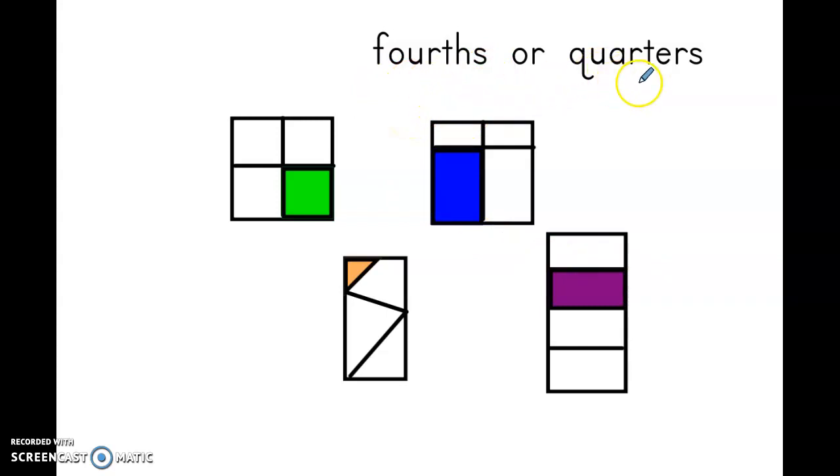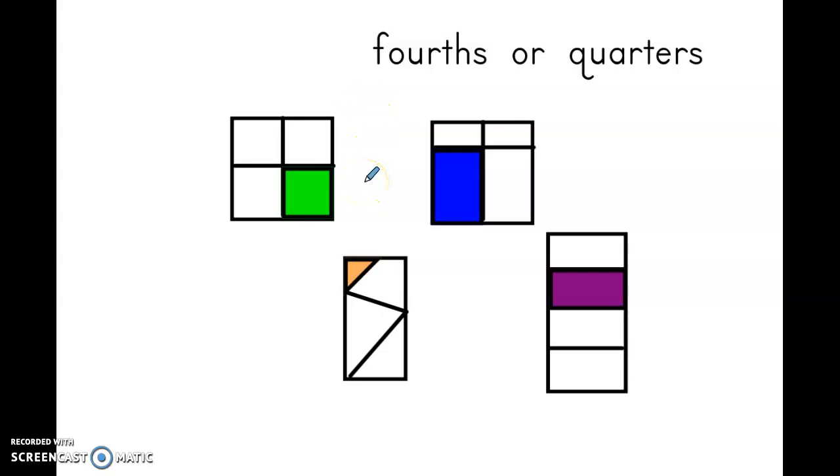We can also use the word quarters. If you remember, there are four quarters in a dollar. That's four equal parts of a dollar. That's the same as a fourth or fourths when we talk about dividing a shape into equal parts.